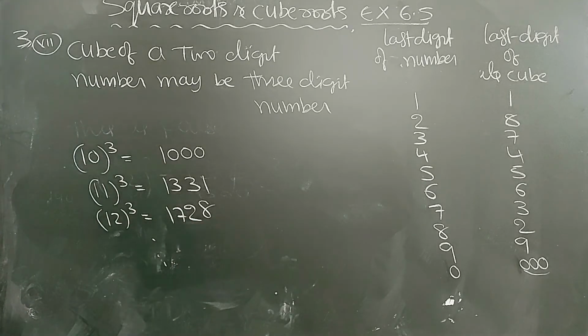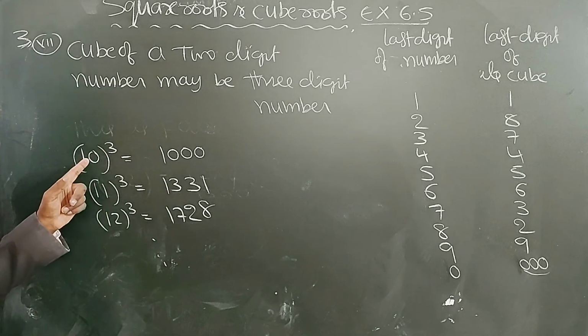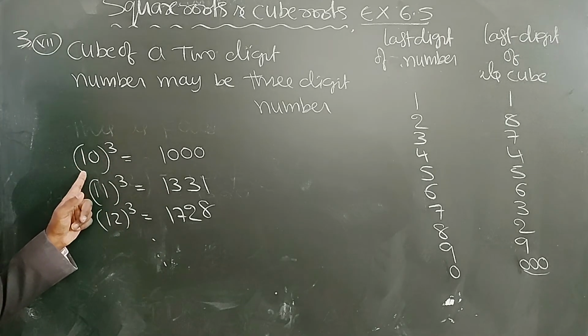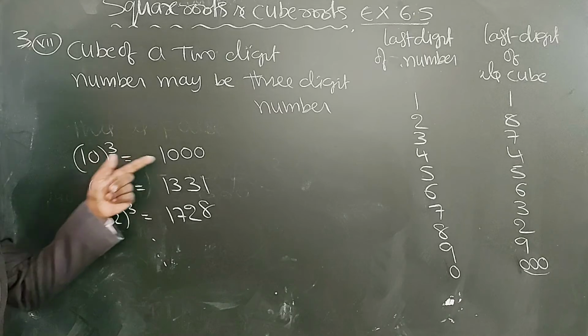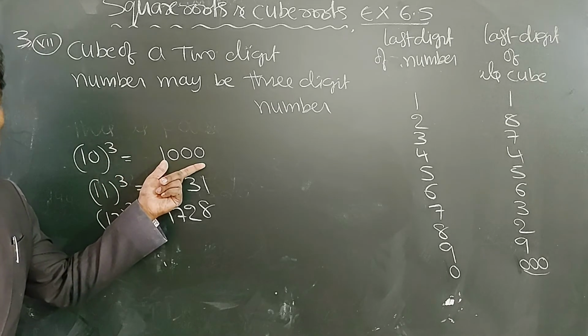See what the question is. Cube of a 2-digit number may be a 3-digit number. The smallest 2-digit number is 10 only. The cube of this number is not 3-digit, it is 4-digit.